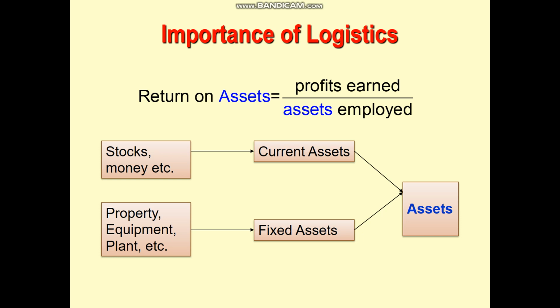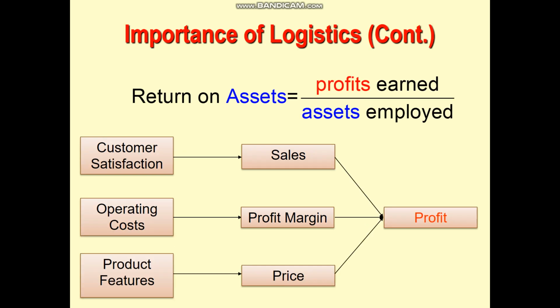Let's look at an indicator: ROA, return on asset, is equal to the profit earned divided by the asset employed. Let's go to the profit first. We can see the profit is from three different sources: sale, profit margin, and price.